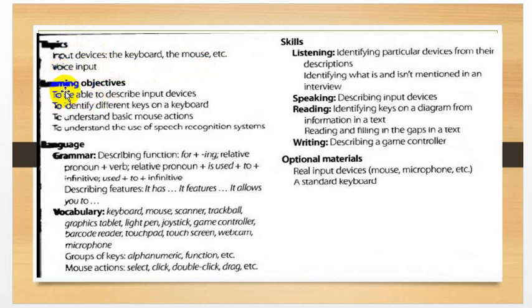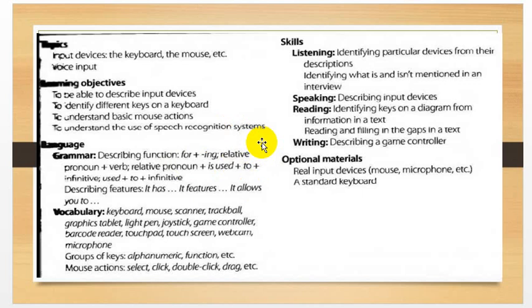And what are the learning objectives? To be able to describe input devices, to identify different keys on a keyboard, to understand basic mouse actions, to understand the use of speech recognition systems. Besides understanding speech recognition, you can talk with your computer, and you can learn English besides these things.